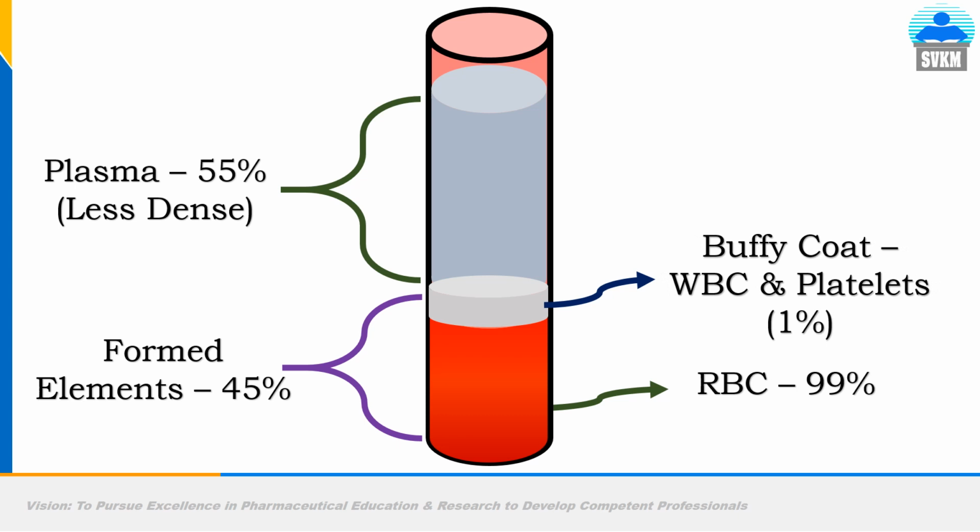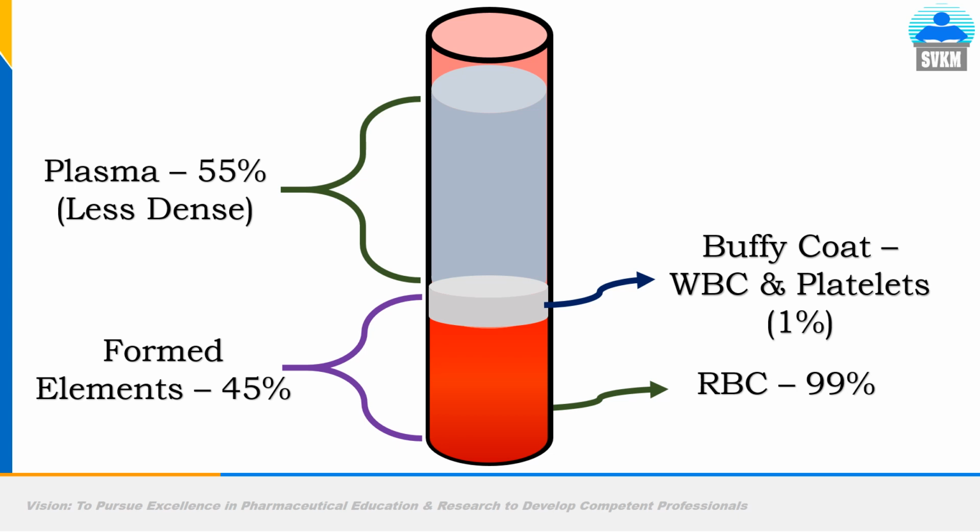The colorless buffy coat, present between the plasma and the RBCs, comprises the WBCs, white blood cells, and platelets. The concentration of these platelets and WBCs in the blood is 1%.